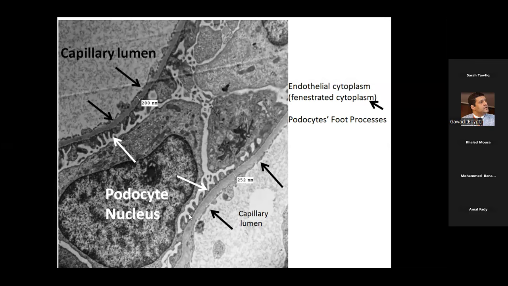They are actually like feet, and they are covering the glomerular basement membrane on the urinary surface, or the urinary space, of the glomerular basement membrane. These podocytes are of normal appearance and have their podocyte-like configuration.